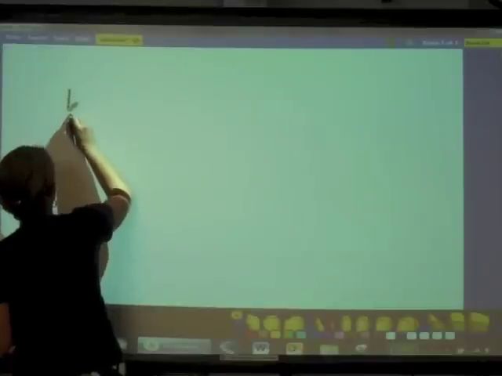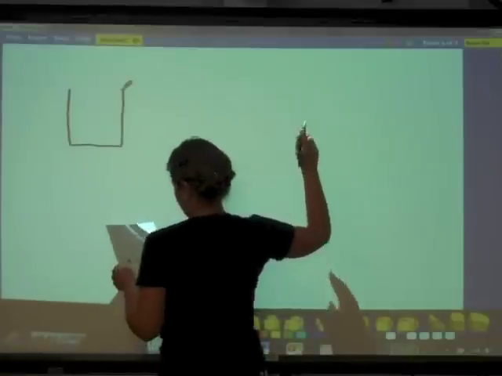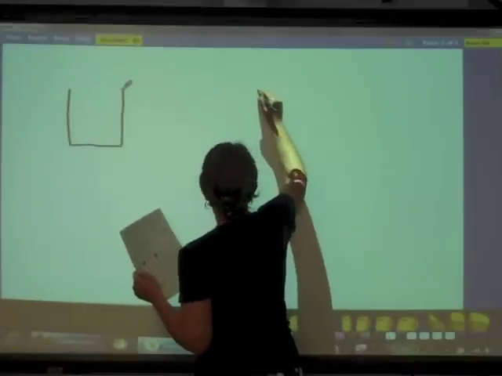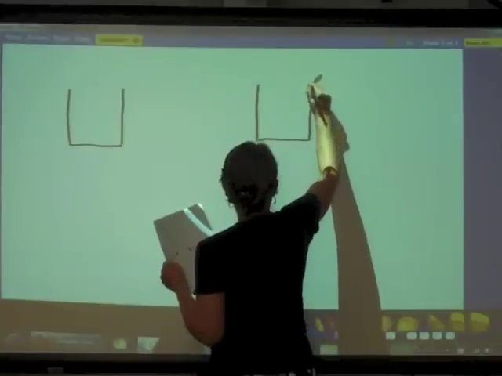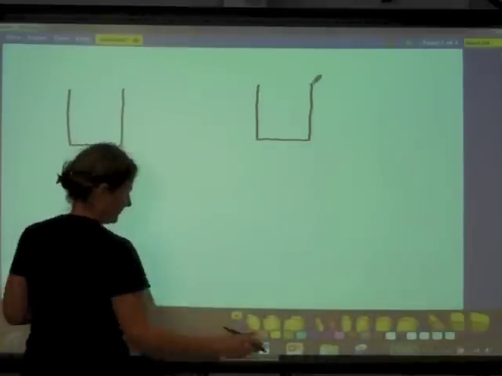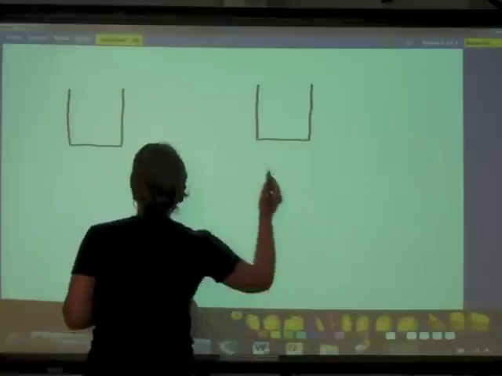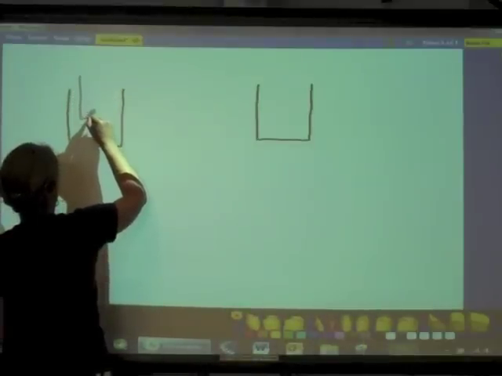So here's a beaker. Here's another beaker. Here's a strip of metal.